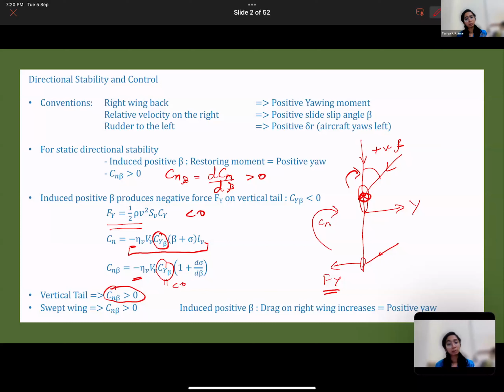Longitudinal static stability, what we discussed in the first 4 weeks. The pitching moment, angle of attack, elevator angle.